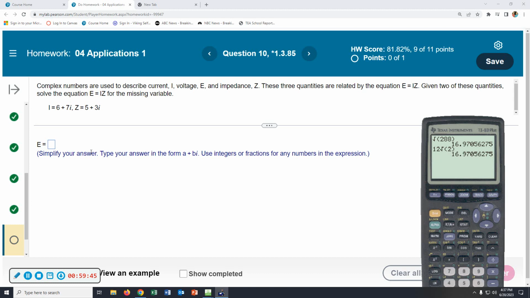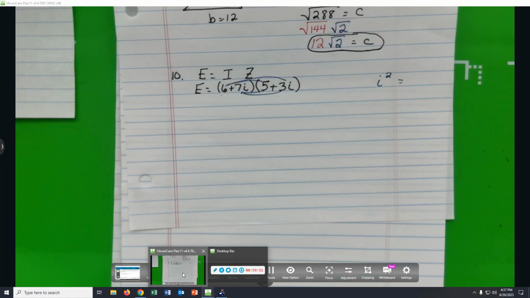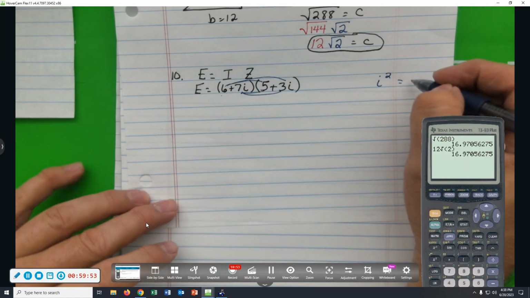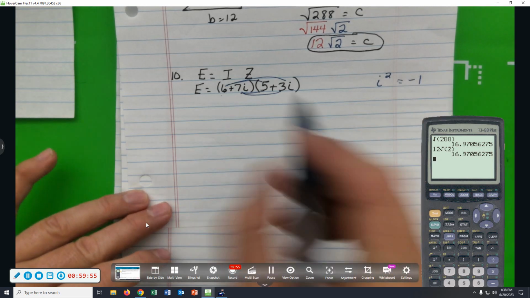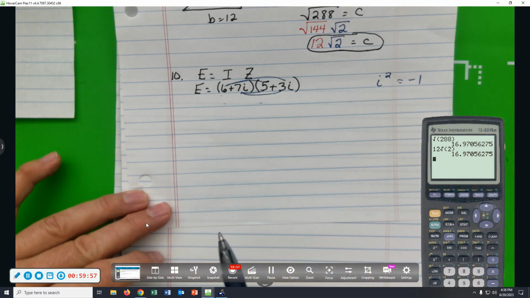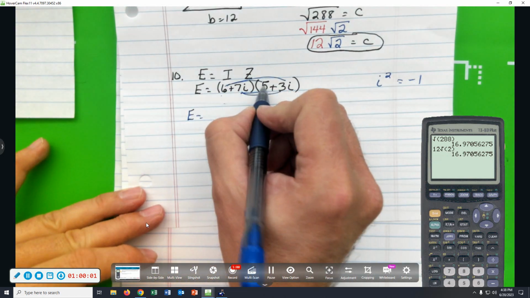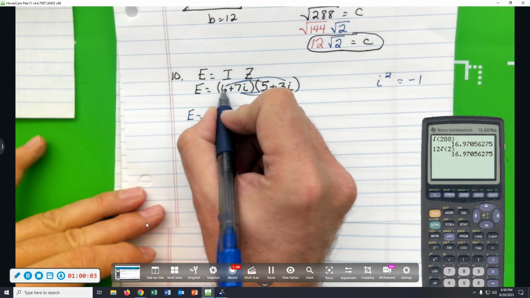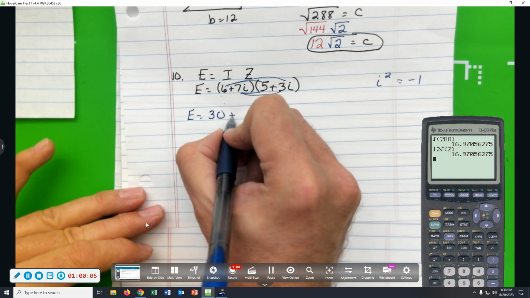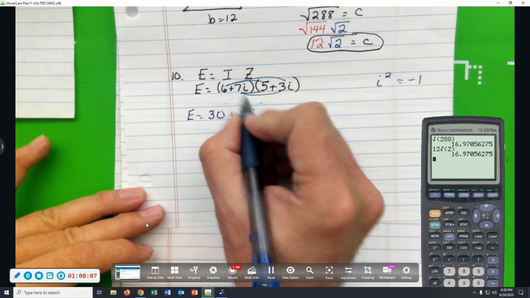And then what do you have to do when you get an i squared? You replace the i squared with -1. So we're FOILing it out, replacing the i squared with -1. So it would be 30 plus 18i.